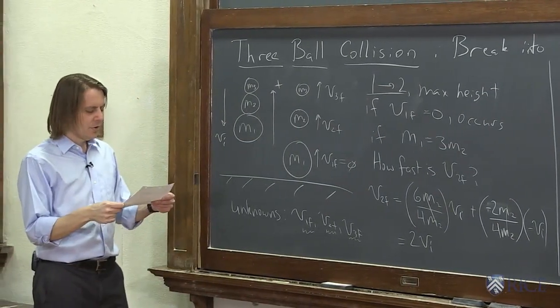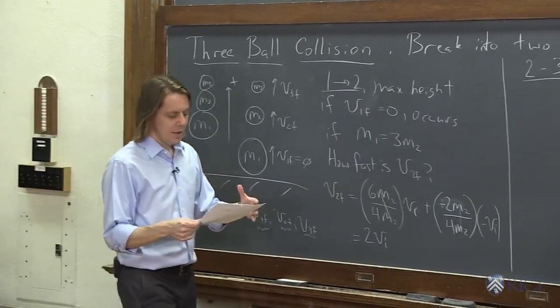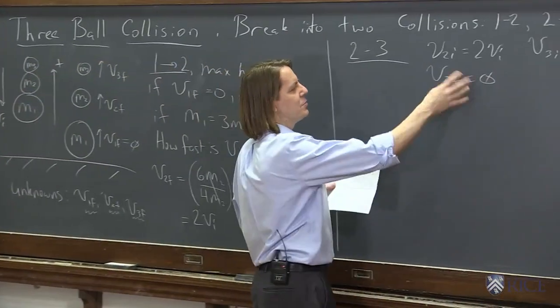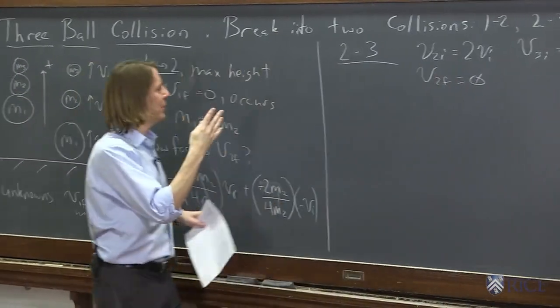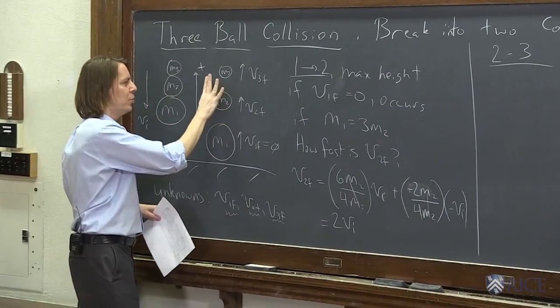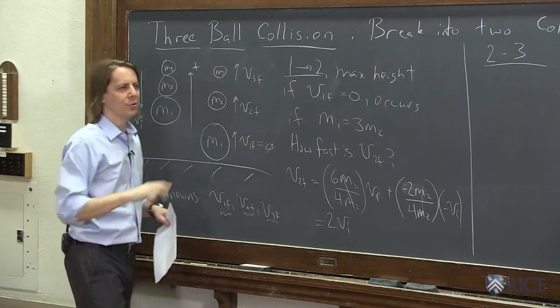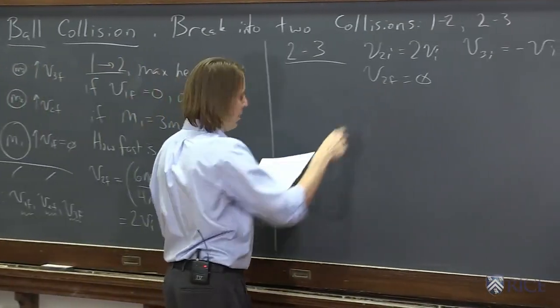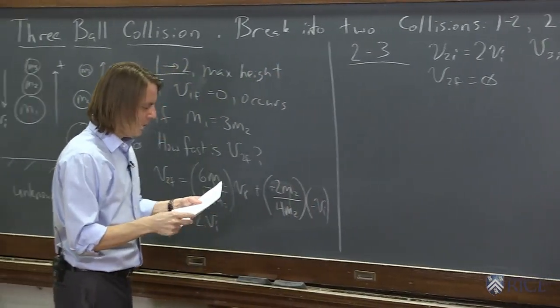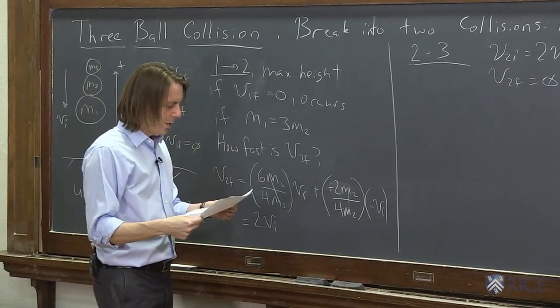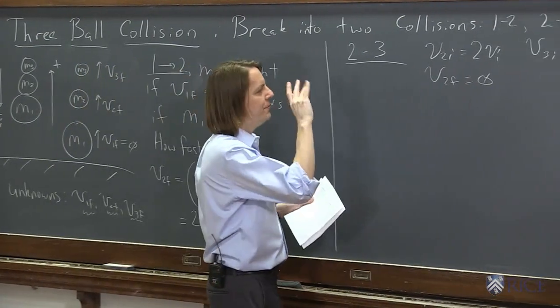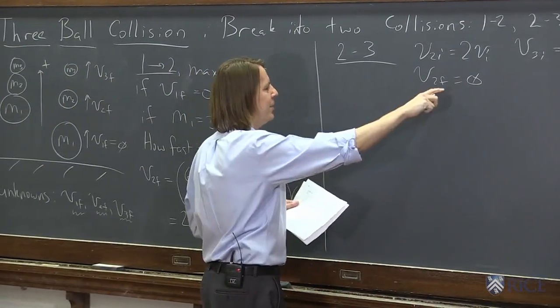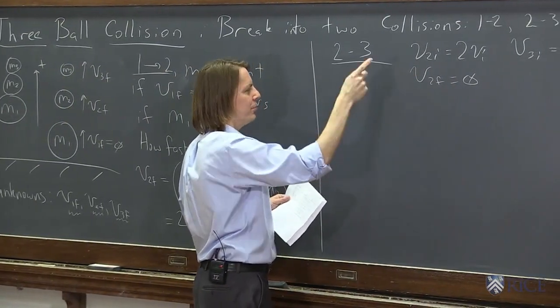Now we're going to look at this, which used to be mass 1. We want to look at what's the condition for the one going forward to have 0 velocity. Let me look back at my old notes. This is the old v1f formula, but we're going to write it as v2f, because 2 became 1 and 3 became 2.